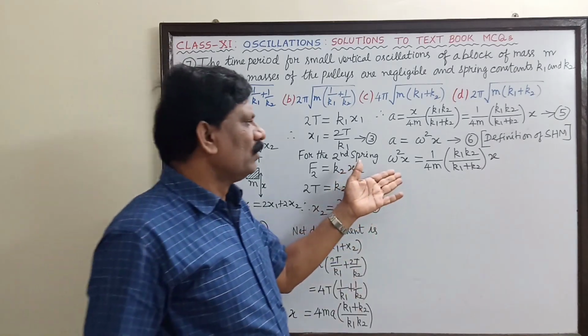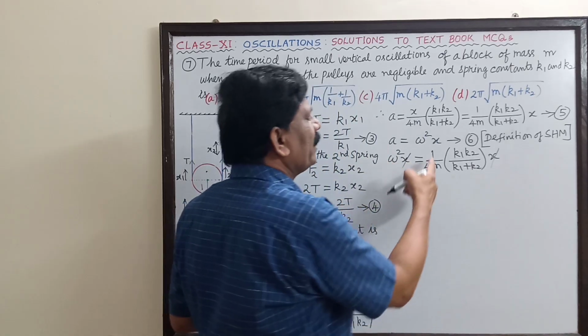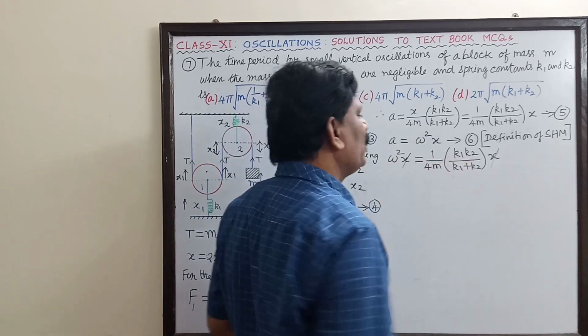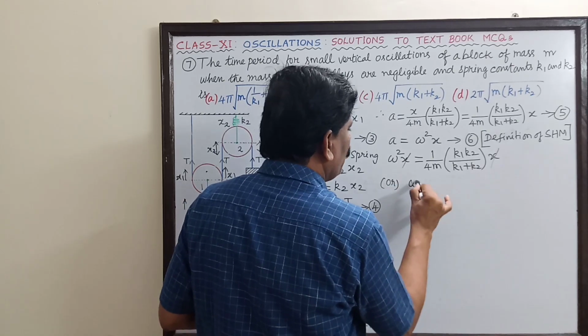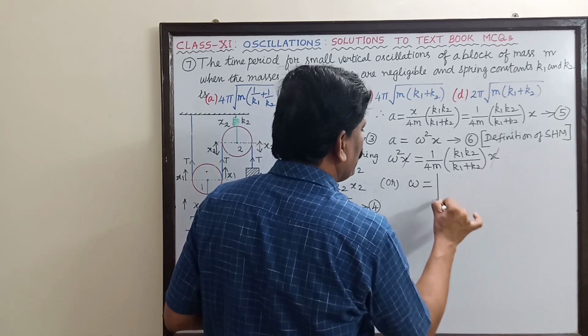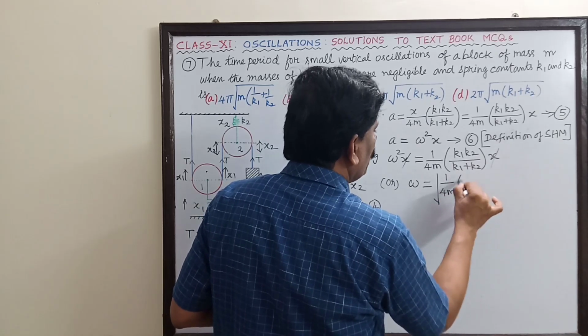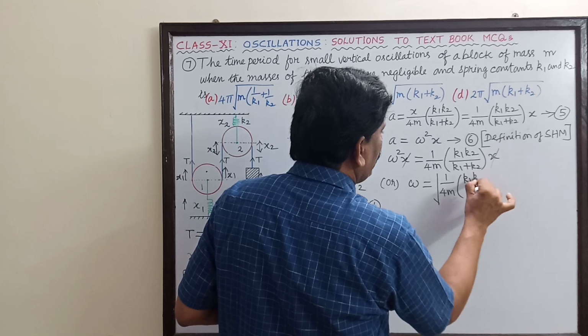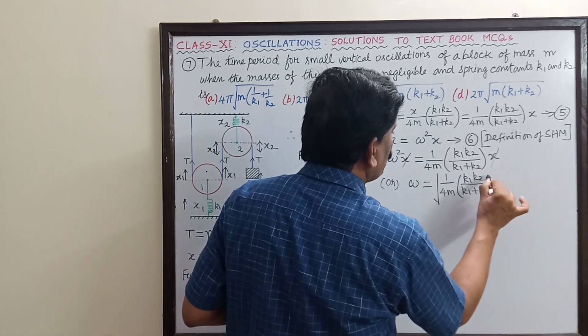Now I can cancel the x term on both sides. So omega square is equal to 1 by 4m into k1 k2 by k1 plus k2, or omega is equal to square root of 1 by 4m into k1 k2 divided by k1 plus k2.